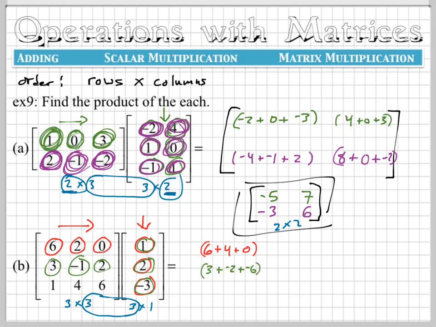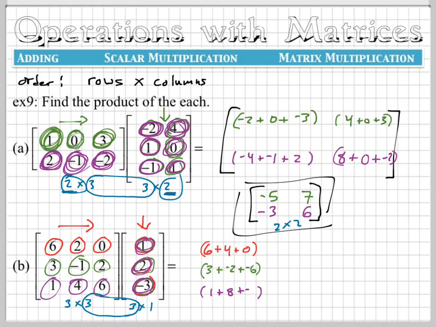That's because we went 2 times -3. Okay, 1 times 1. On our last number, we're on this number right here. 1 times 1 is 1, plus 4 times 2, which is 8, plus 6 times -3, which is -18.